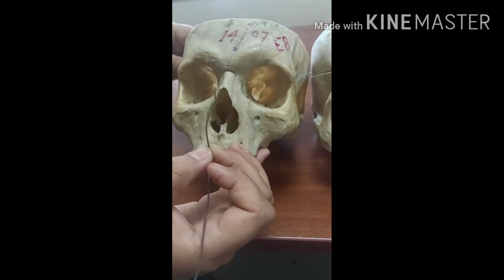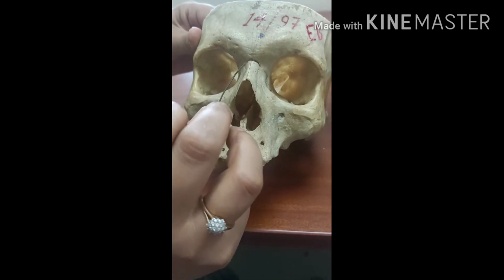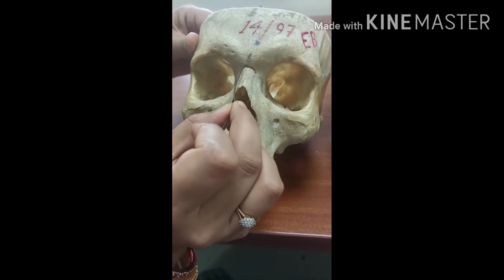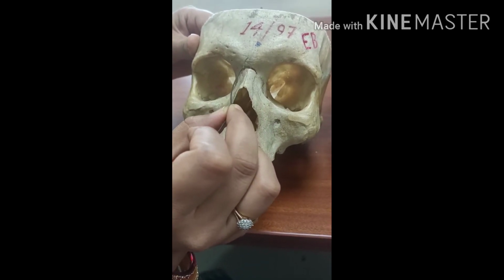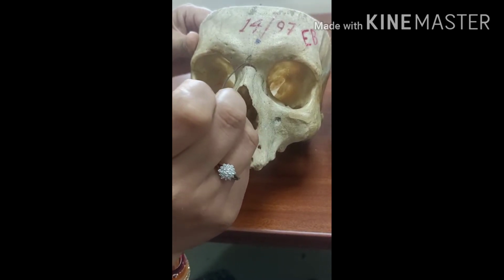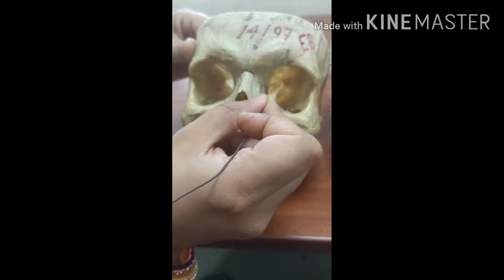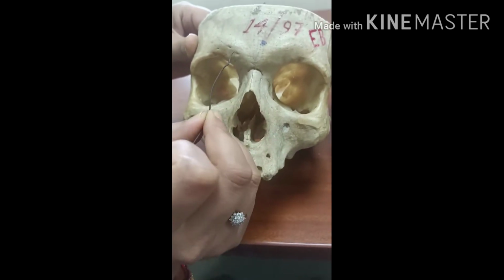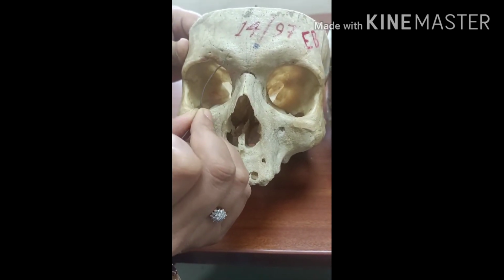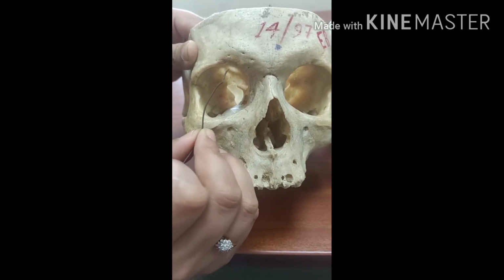Next point is the glabella. Glabella is the median elevation connecting the two superciliary arches. This region is known as glabella, जहाँ पे अक्सर बिंदी लगाई जाती है, that is the part of the glabella. Meeting point of the two superciliary arches. What is superciliary arch? The rounded elevation situated on the medial part of the orbit.